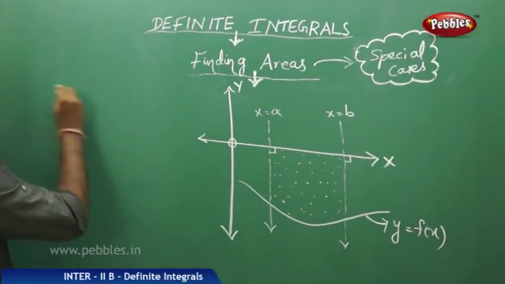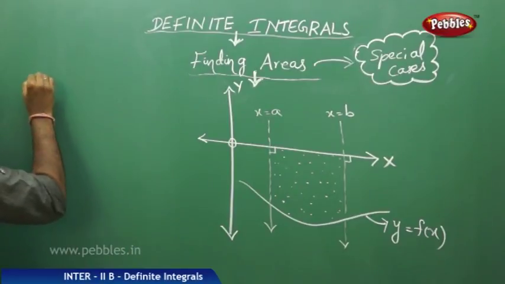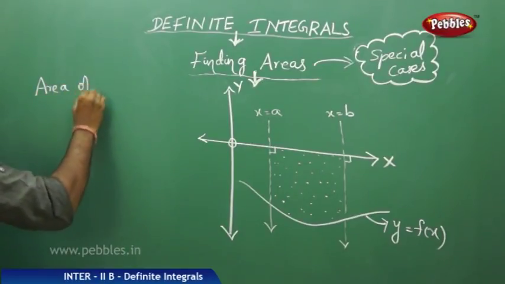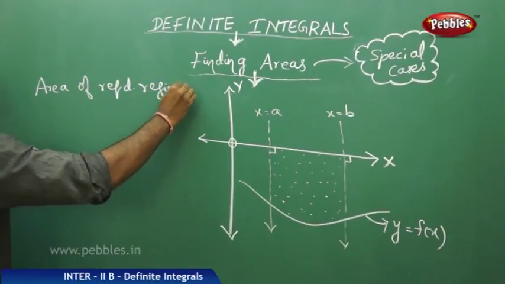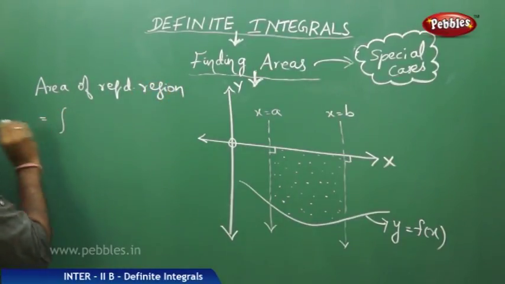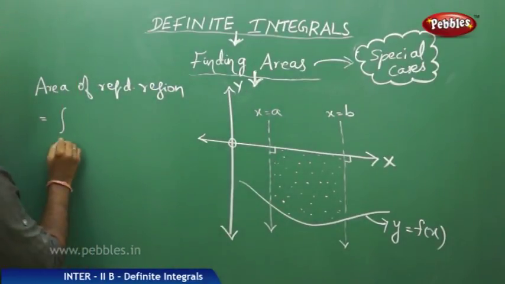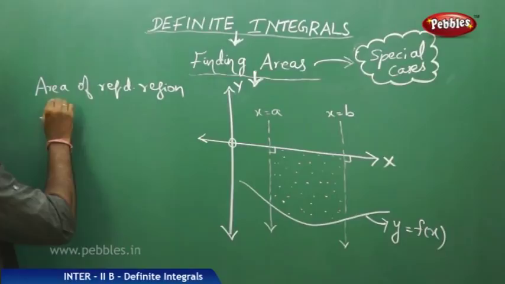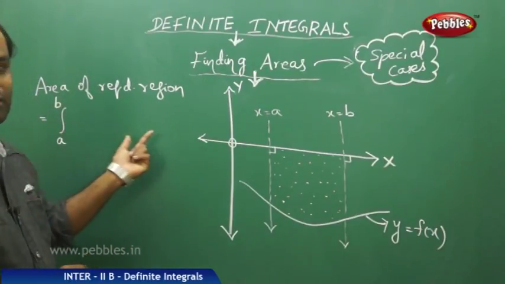Now as we see, the area of the required region is, with the general formula, the integral from the lower bound, which is x equal to a, to the upper bound, which is x equal to b, of upper curve minus lower curve.